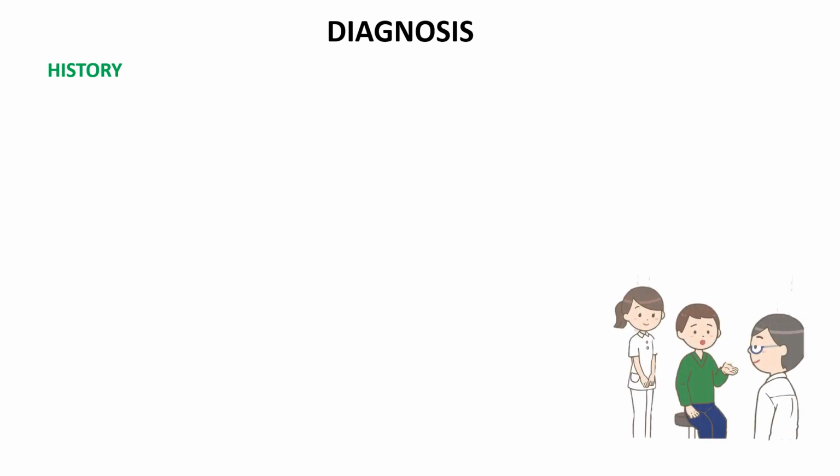Now I'll tell you about the diagnostic procedure of plantar fasciitis. The diagnosis is based on the patient's history and physical examination. The windlass test is also a special test done to provoke the symptoms at the plantar fascia by creating maximal stretch of the plantar fascia.